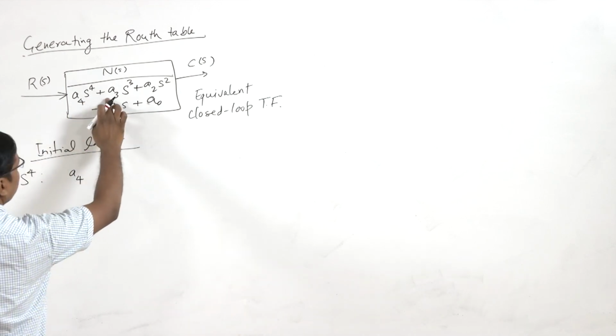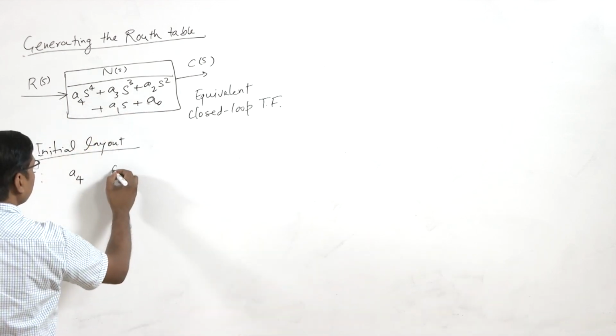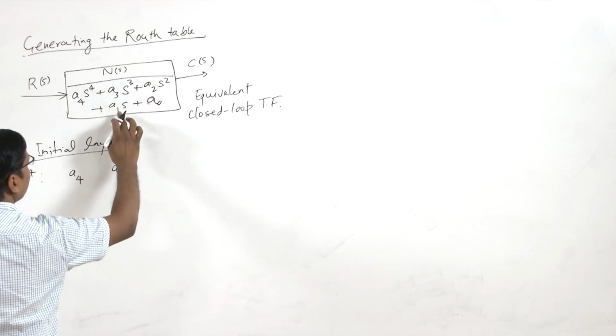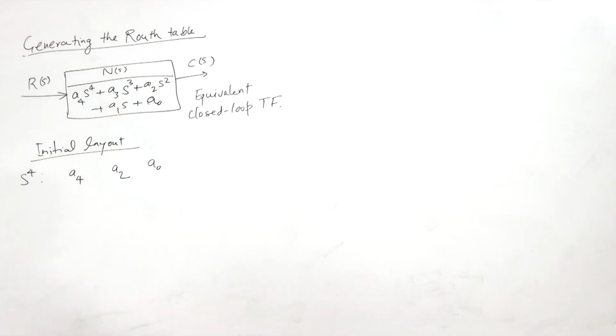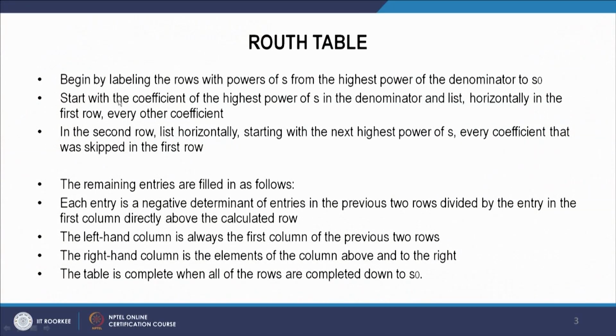Then we skip one, we go to A2, then we skip, we go to A0. So, we label these coefficients like this. We start with the coefficient of the highest power of s in the denominator and list horizontally in the first row every other coefficient. So, here every other coefficient: A4, then A2, then A0.